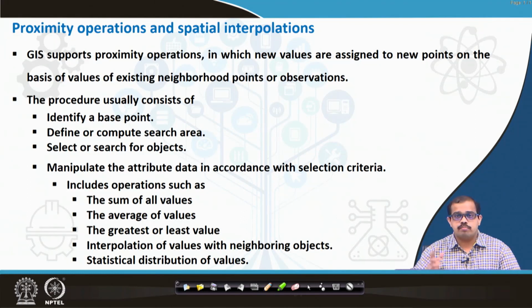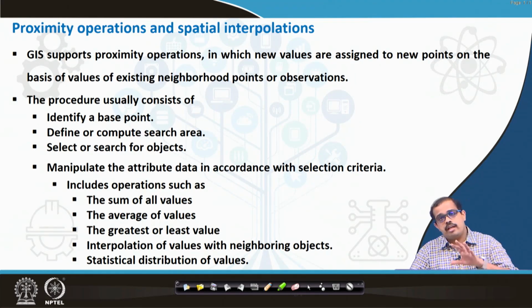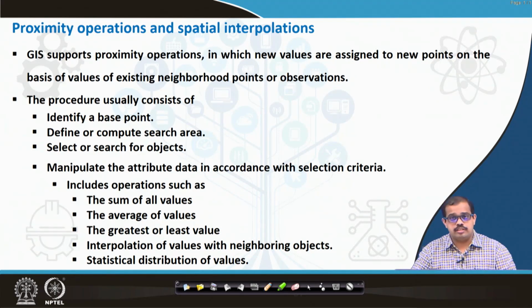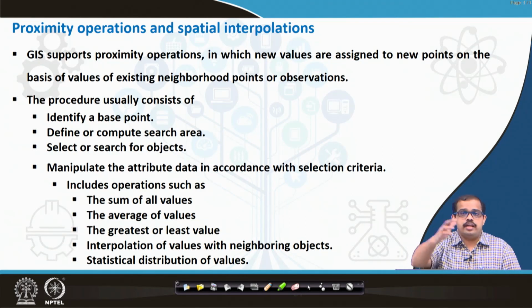GIS supports proximity operations in which new values are assigned to new points on the basis of the value of the existing neighborhood points or observations. For example, you have 10 meteorological stations and you want to represent the rainfall in the entire region.